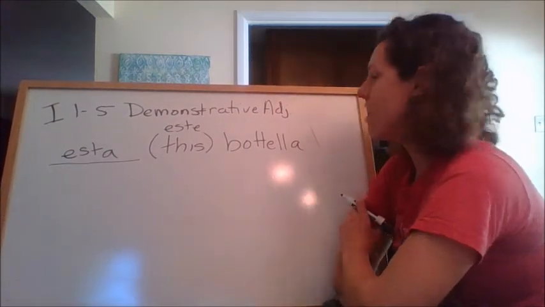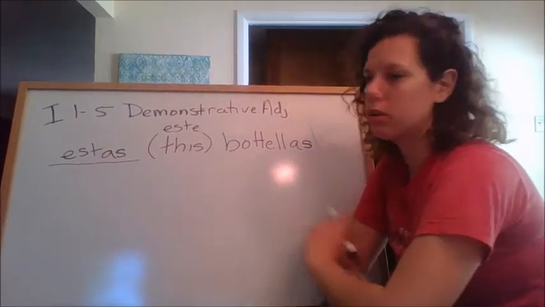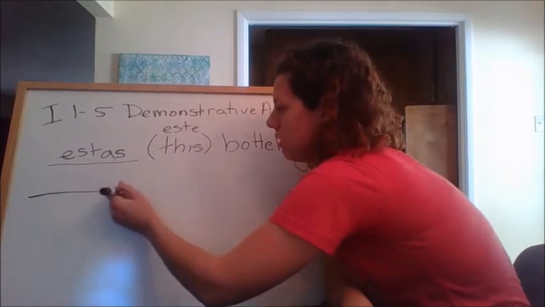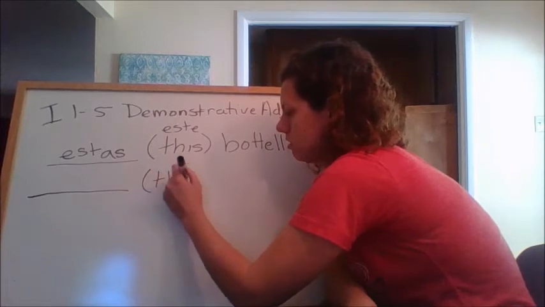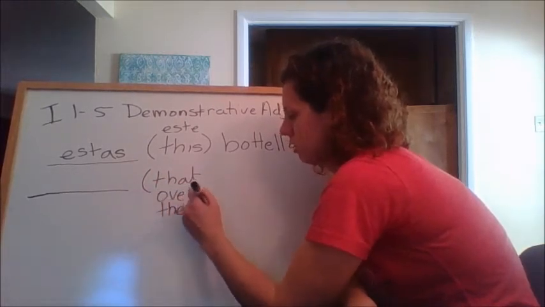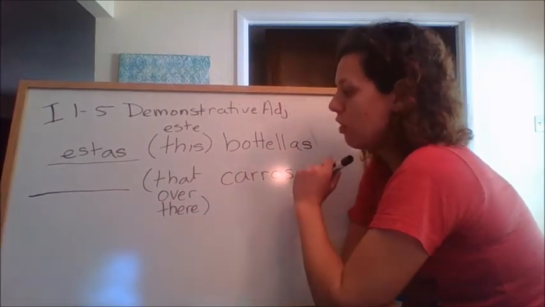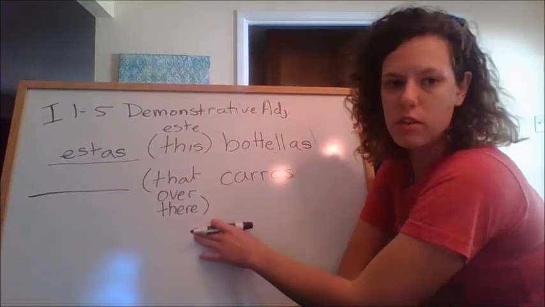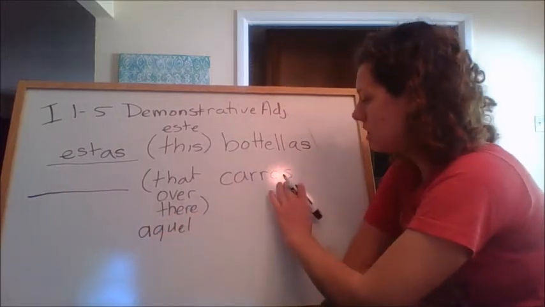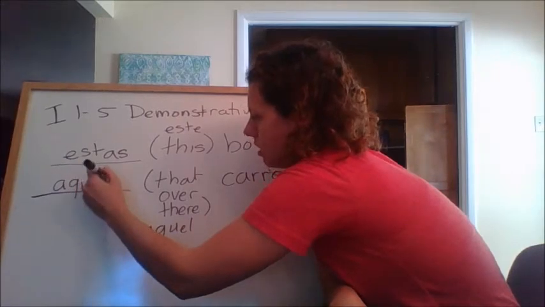Okay. If this were plural, then you'd have to add an S to this to make it plural, because that has to match this in gender and number. If I had something like that over there, and I had carros, okay, the demonstrative adjective that means that over there is aquel, but this is plural, so it has to be aquellos.